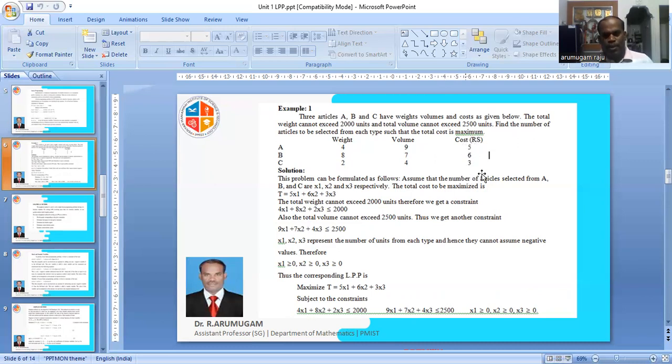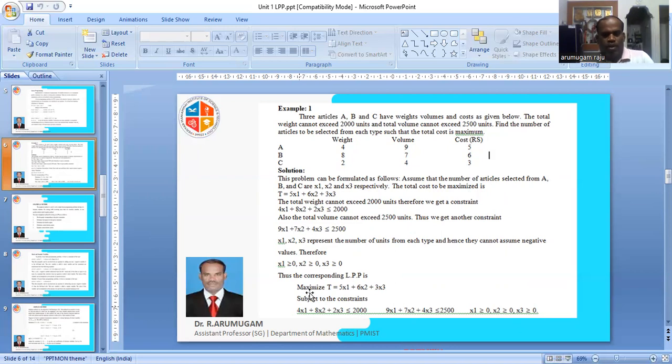Here you have to represent the profit value in the objective function. Suppose here 5, 6, 3 means you have to represent 5x1, 6x2 and 3x3. So this is for the Z value, that means maximize Z.